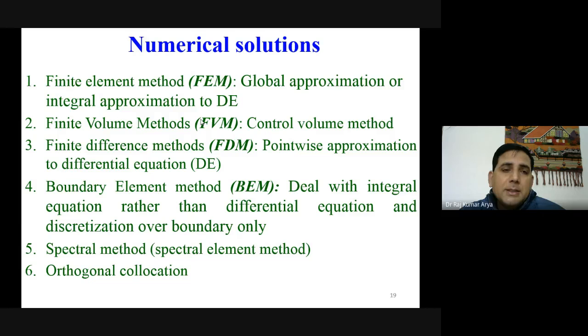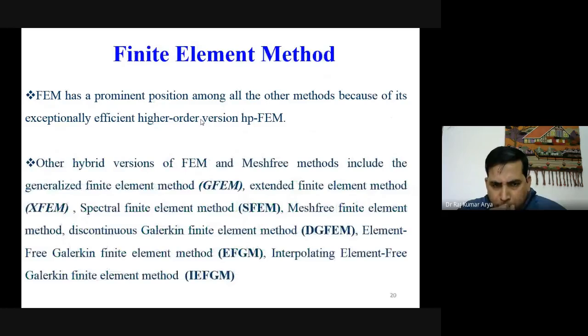I will tell you only about the finite element method; for the rest, you can just see how they work. The finite element method has a prominent position because it works faster compared to the others. I will explain how it works.